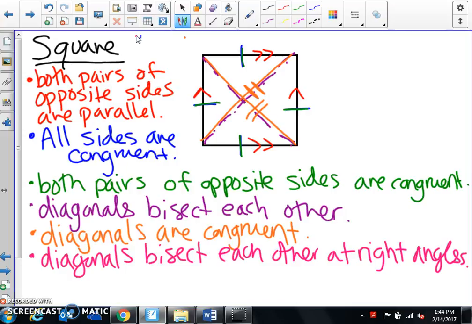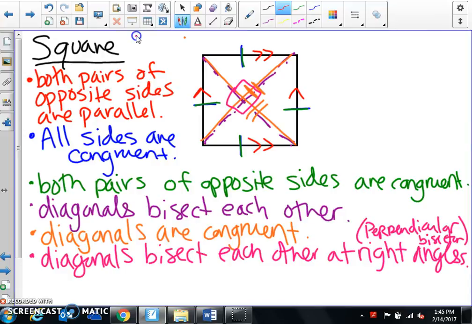So remember, they could also word it as perpendicular bisectors. So if they said perpendicular bisectors, go ahead and put that in parentheses. That just means that within here, all of these are right angles. So I'm going to say a square within a square. That means that the diagonals bisect each other at right angles.